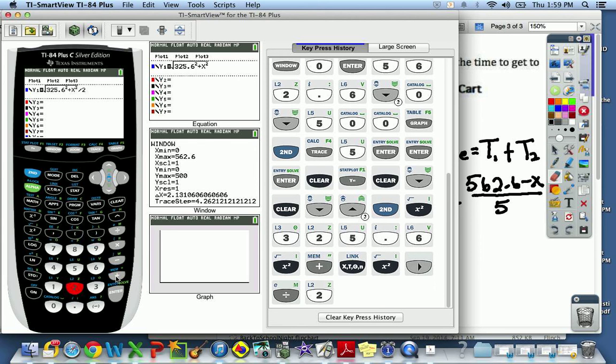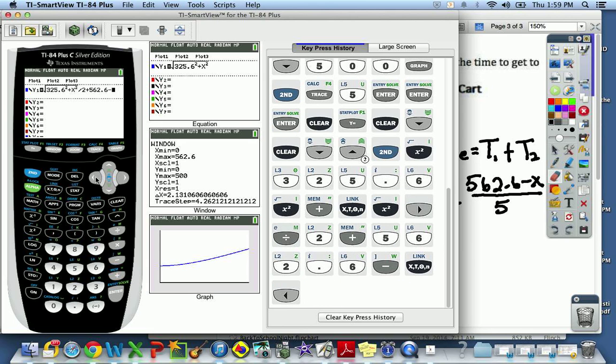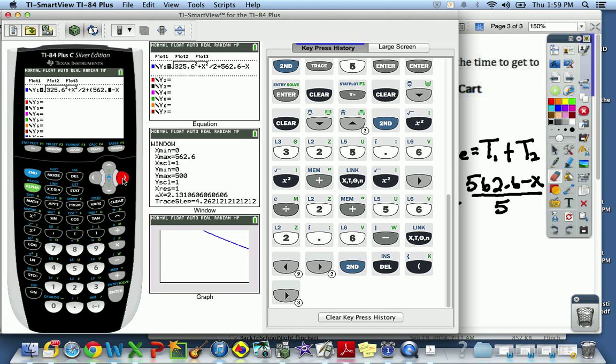And then we'll add in the other portion, which is 562.6 minus x. I need a set of parentheses in there, though. Okay, so let's insert parentheses. Put a parenthesis at the end there. And this rate was 5, so we'll divide by 5.